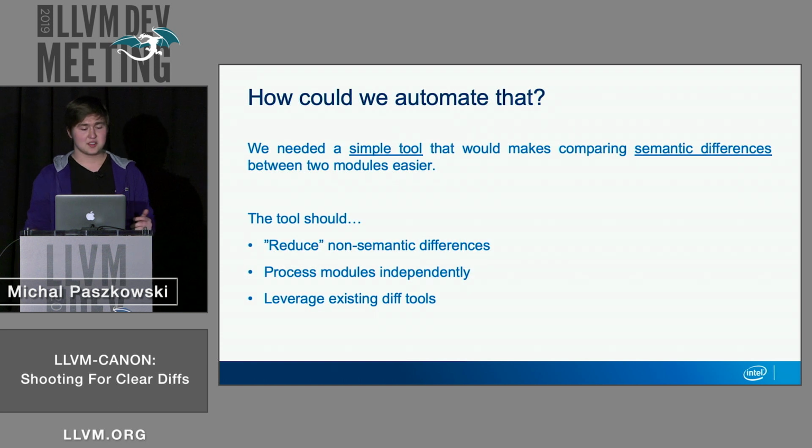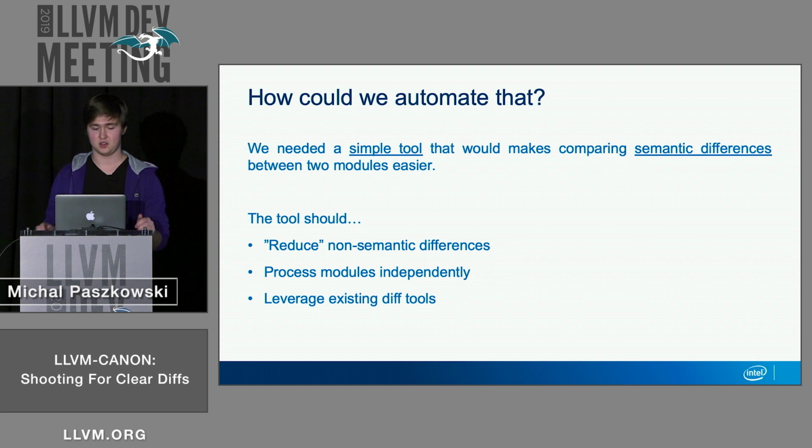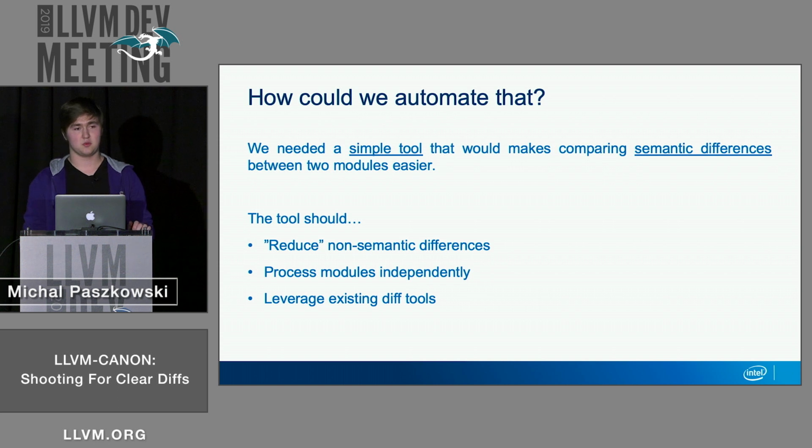So, we needed a simple tool that would make comparing semantic differences between two modules easier. And we wanted this tool to reduce non-semantic differences. We wanted the tool also to process one module at a time, so we could actually leverage existing diff tools and use the same kind of workflow we used before.